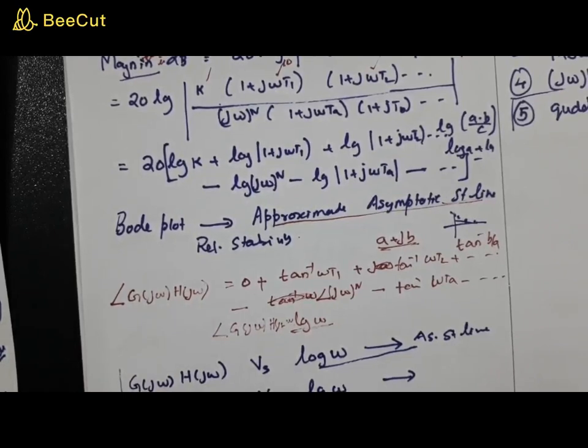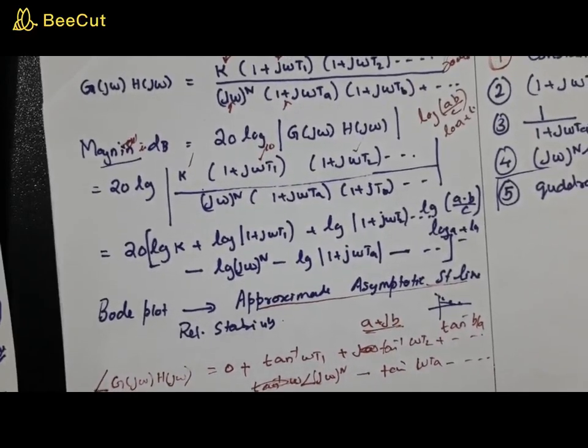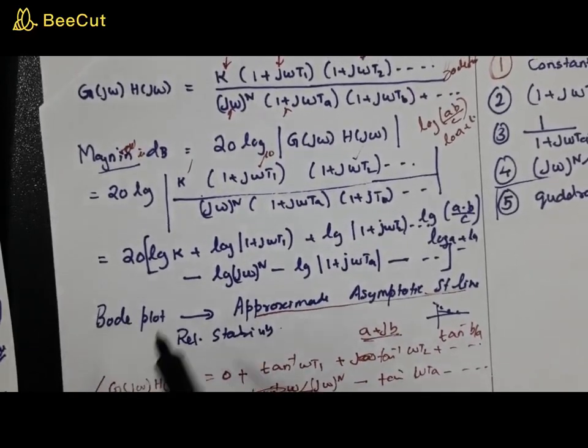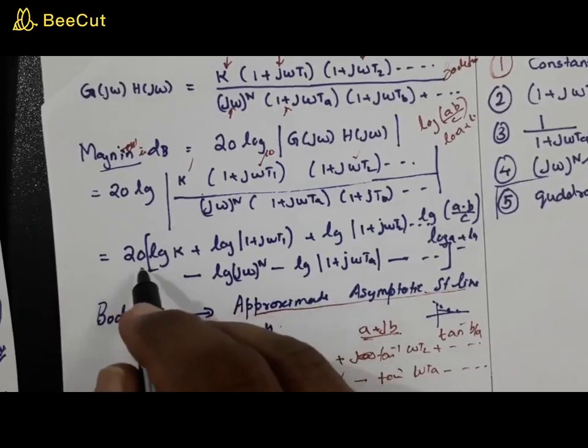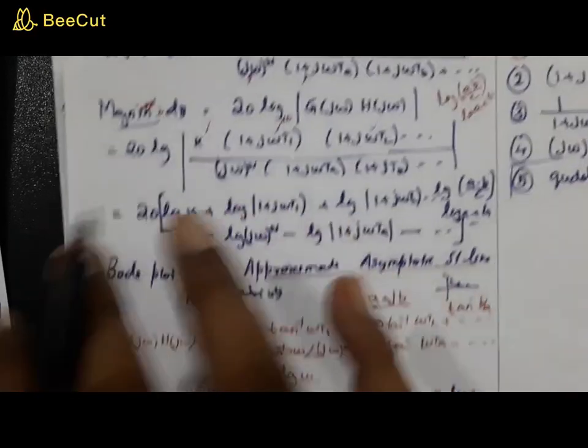As you know, in a practical case, we always tolerate up to 3 decibel. So the error difference will be negligible, so it is enough to find out the variation by using this. You don't require the exact value of the magnitude.